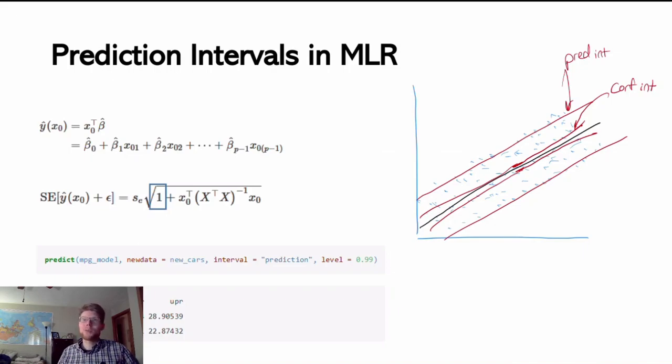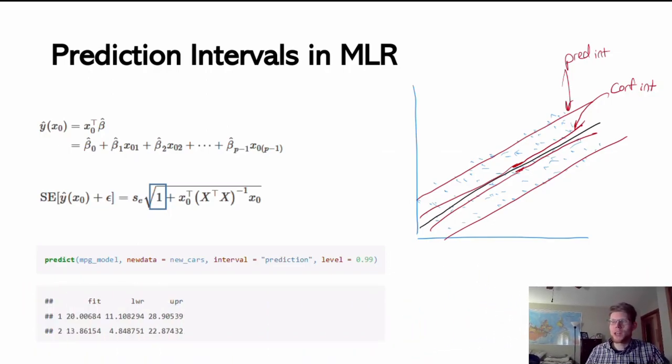However, we can still use some math to represent the standard error of our estimate for y at a given x. So not an estimate for the mean of y now, but an estimate for just y in general. So we have a standard error. The only thing that's different from the standard error for the mean of y is that we just have a 1 added into that square root expression. Otherwise, everything else should be exactly the same there.